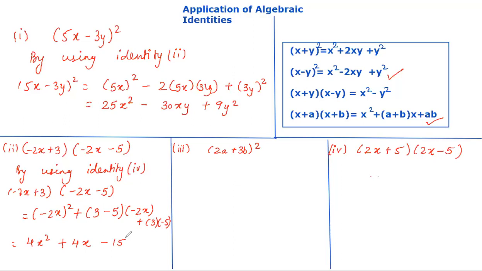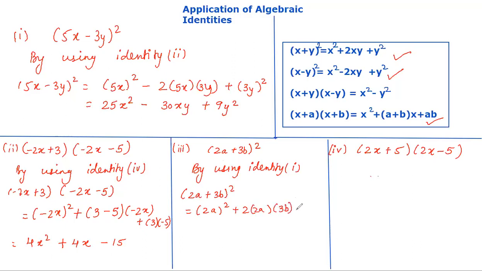Now let us see the third one. In the third one, again we have to multiply the same binomial with itself, right? So which identity will we use? We will use the first, as the sign is plus over here. So you will write, by using identity 1, what we have: 2a plus 3b the whole square, that will be equal to 2a square plus twice the product of the first term and the last term plus the last term square.